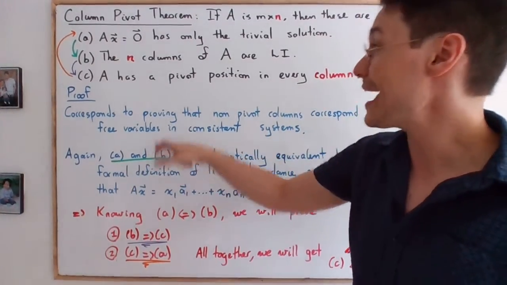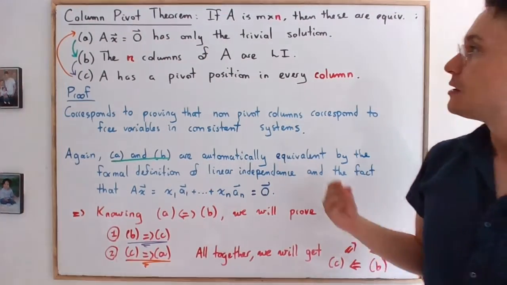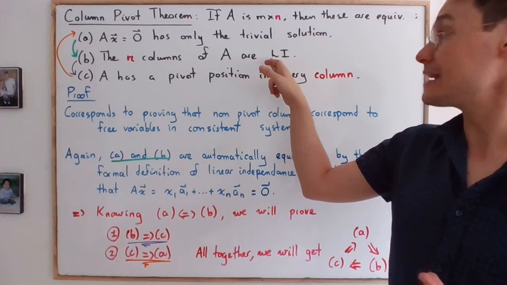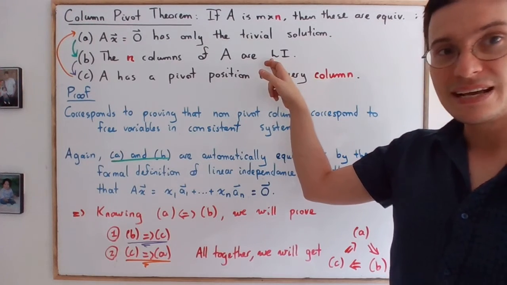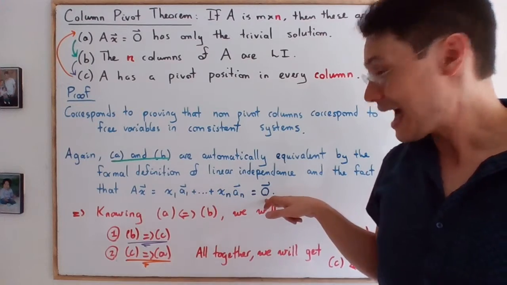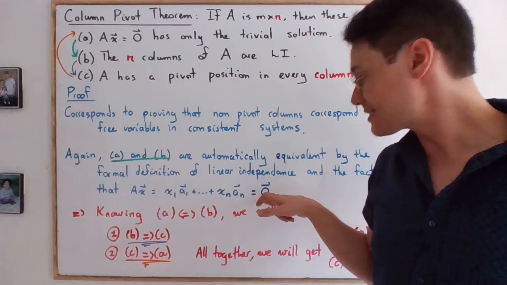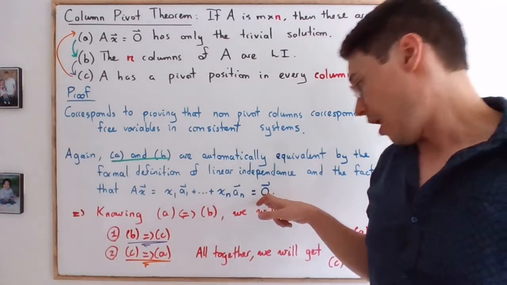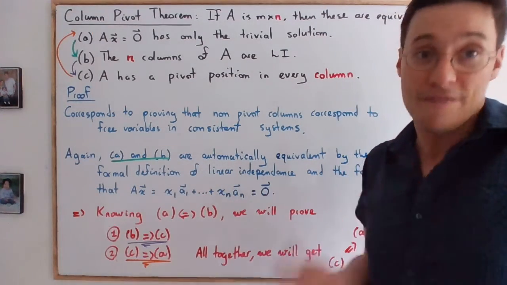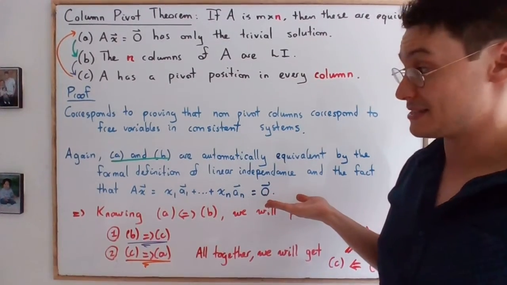We know that A and B, the first two statements, are equivalent by definition, because the definition of linear independence of vectors is this one. So if this equation has only the trivial solution, if the only weights giving the zero vector are the weights of all zeros, pretty much, that's the definition of linear independence.